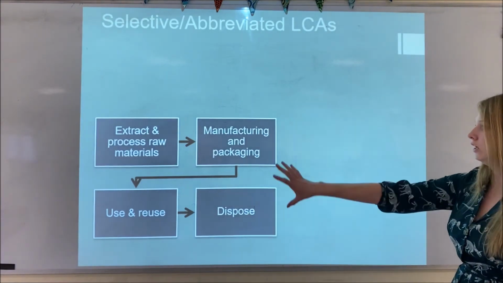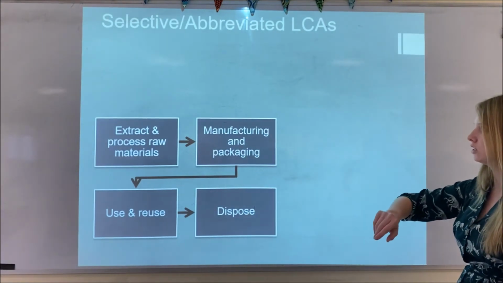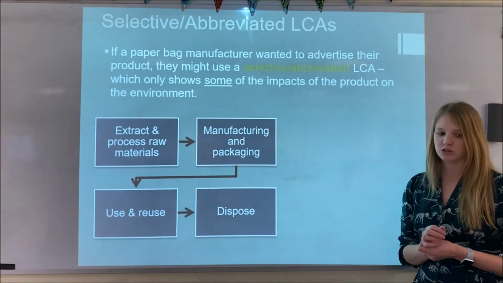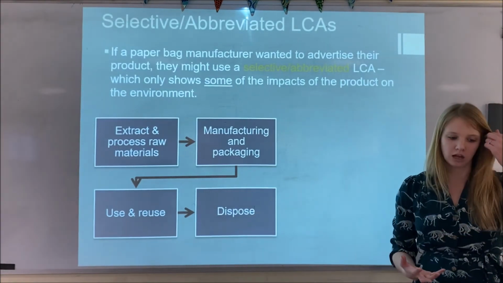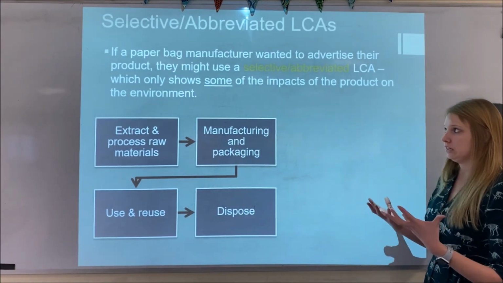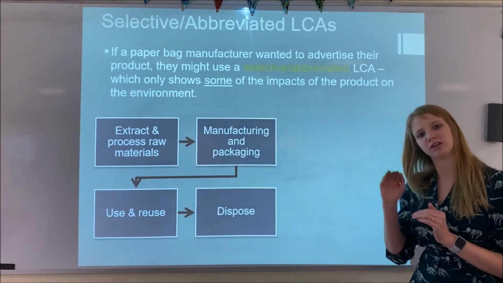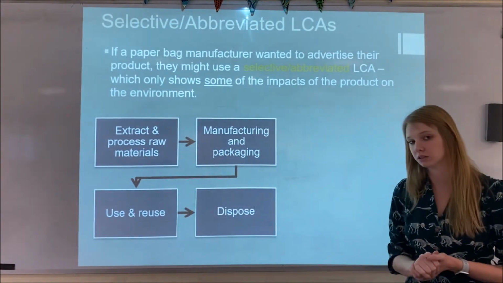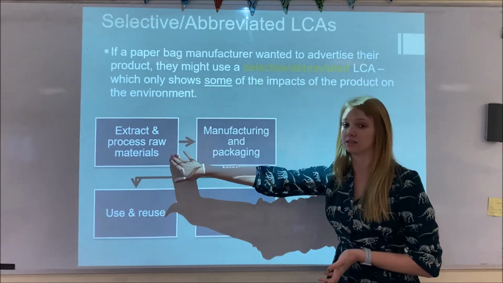So here are our 4 stages again, as a reminder. So if you were making paper bags and you wanted to advertise your product, one of these stages you might want to downplay a little bit, and that stage would be extracting and processing raw materials, because that had our highest environmental impact.